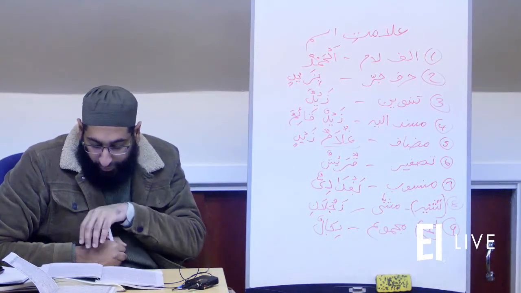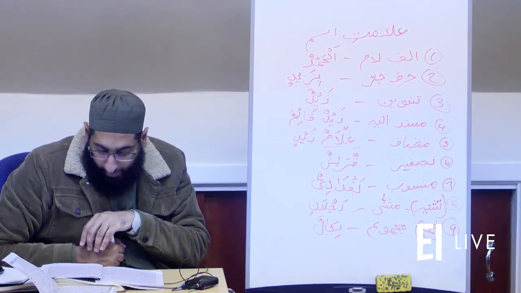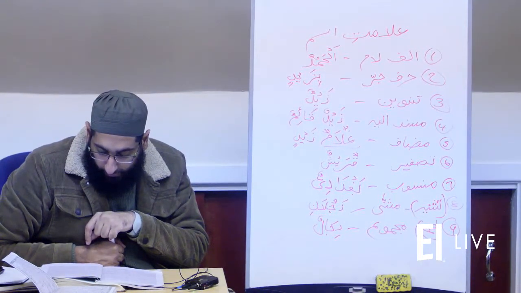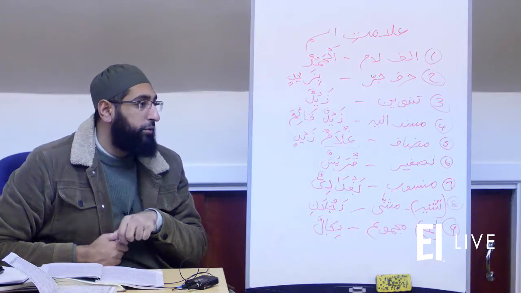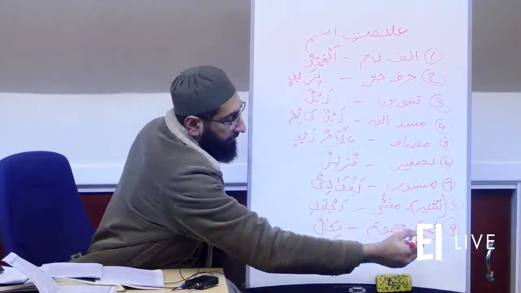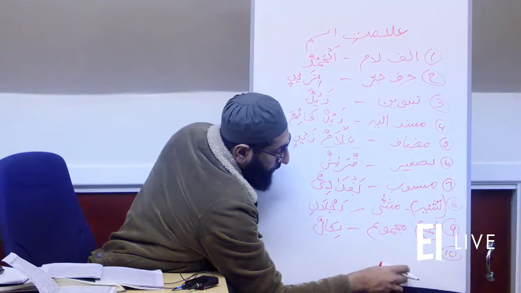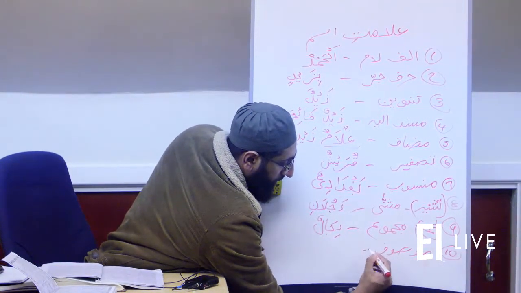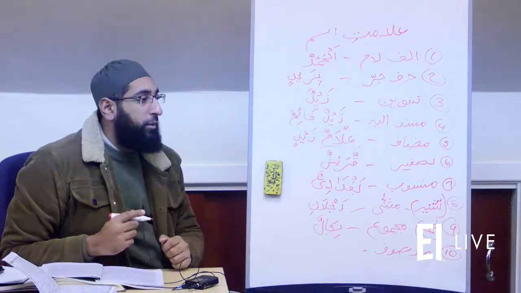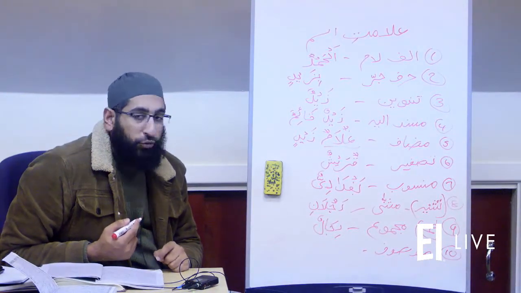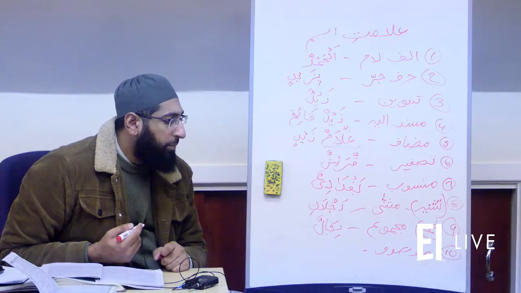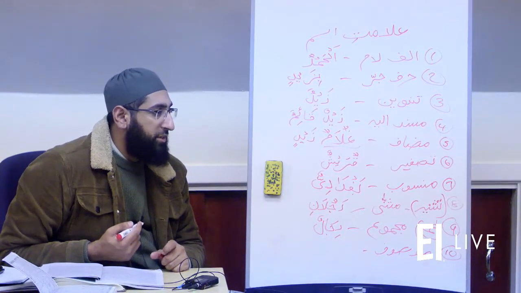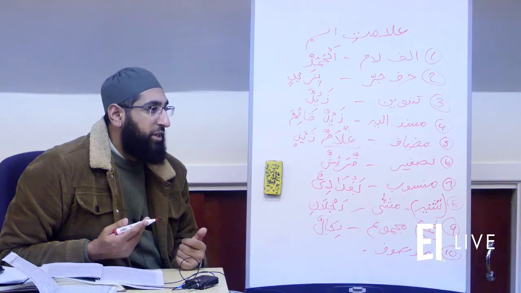The next one is mawsoof. Yes? Number 10 is mawsoof. We did it in murakkab tawsifi, mawsoof and sifa. Remember that the mawsoof will always be an ism. The sifat can be a sentence as well.